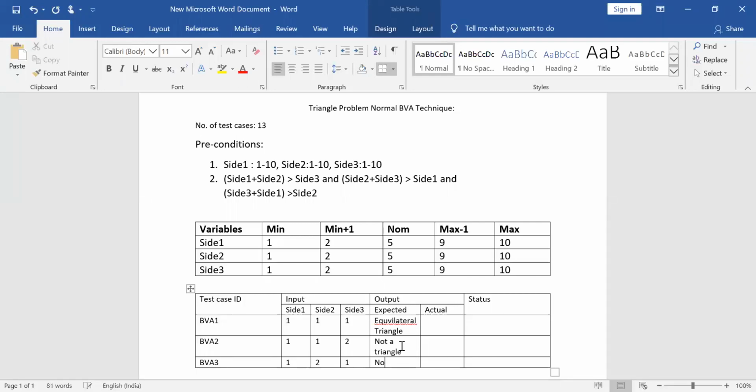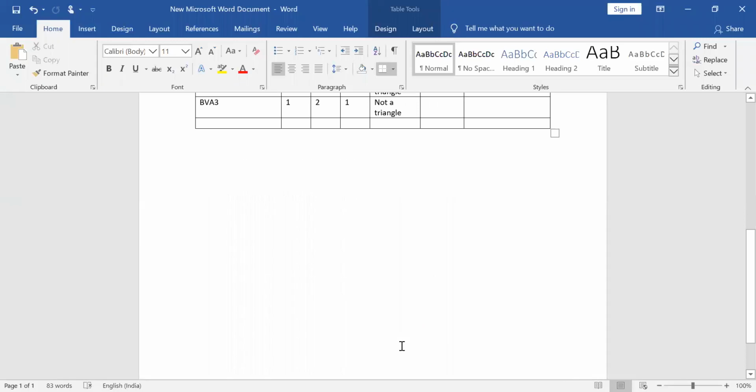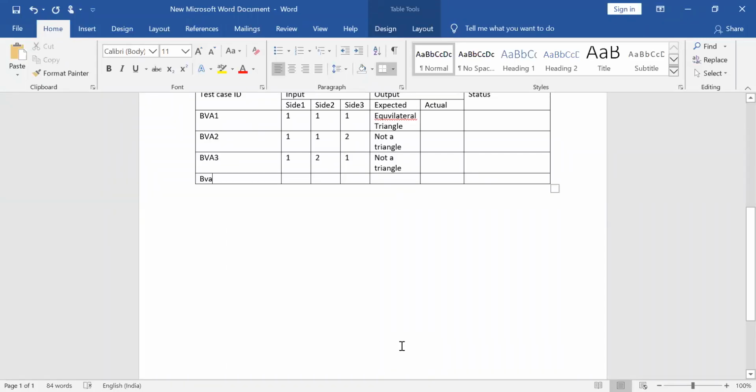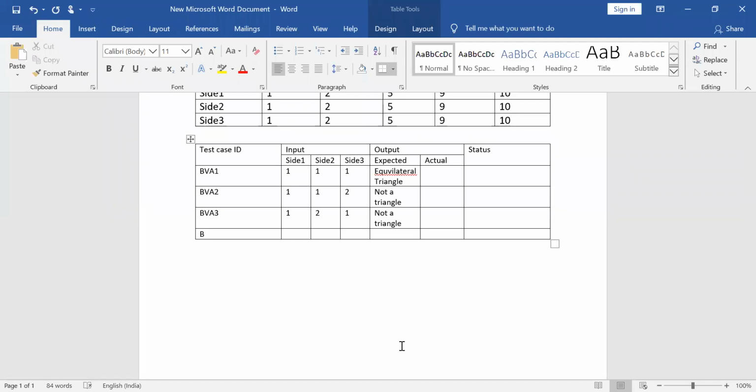Once again, you will be getting not a triangle. Similarly, the next case, BVA 4. What will be the thing? Is 2, 1, 1. What will be the output?